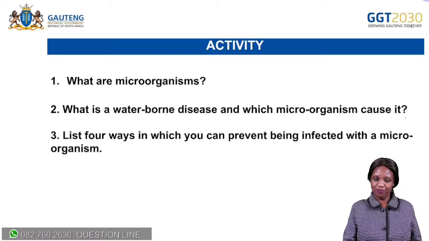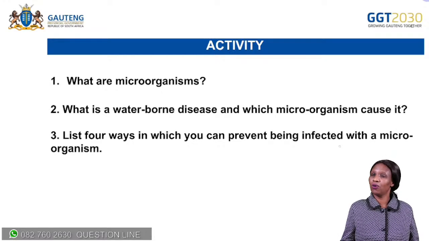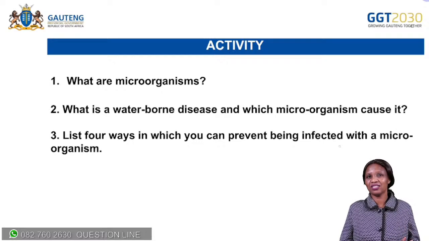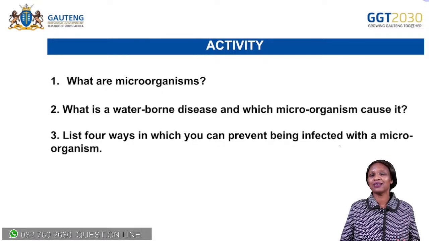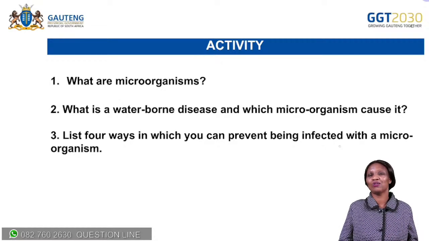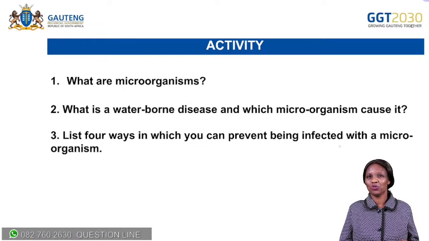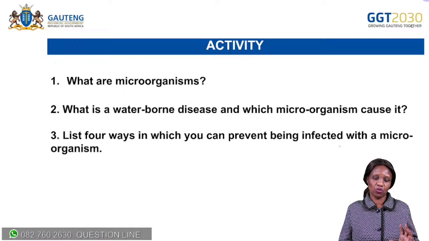And then 3, list 4 ways in which you can prevent being infected with microorganisms. Okay. I want you to start writing this, and then after writing, please shoot a photo and send it to us on 082 760 2630. Let's start writing. I'll give you 5 minutes to write.